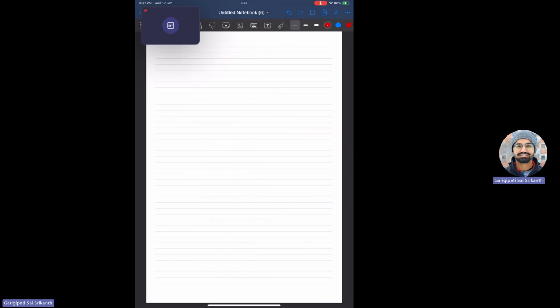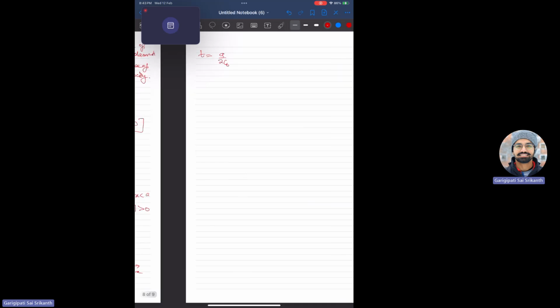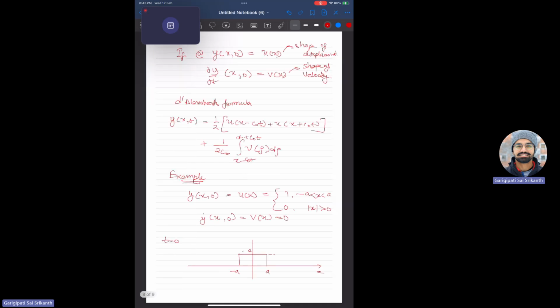So let's consider t is equal to a by 2 c naught. If you substitute that in D'Alembert's equation, you see that since initial velocity is 0, you just have to worry about this part, right?